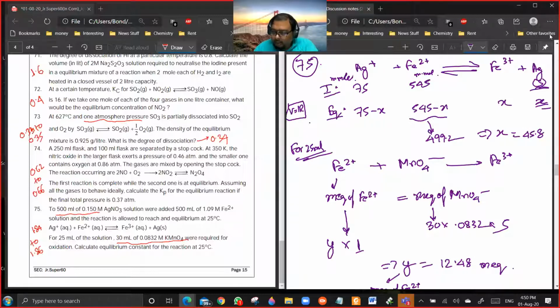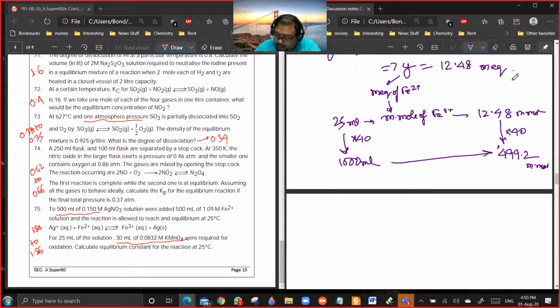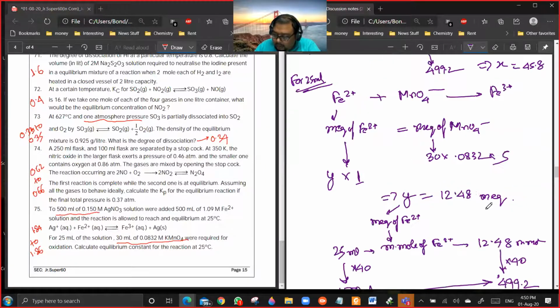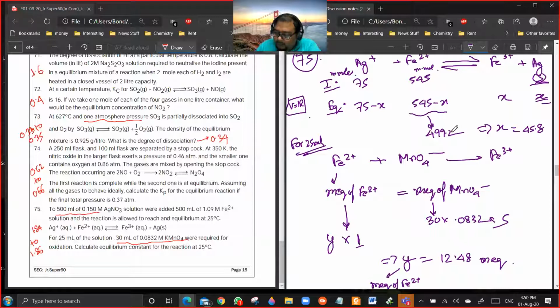Okay, so now you can write the Kc. Kc will be the concentration of Fe3 plus by the concentration of Ag plus into the concentration of Fe2 plus. All these are in millimoles in 1000 ml. So what will be the value of Ag plus?